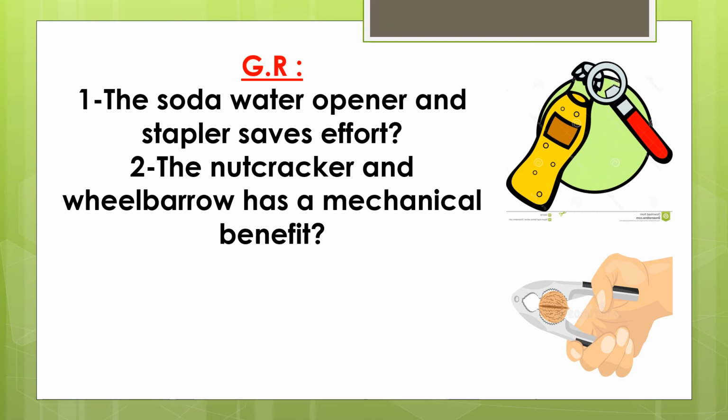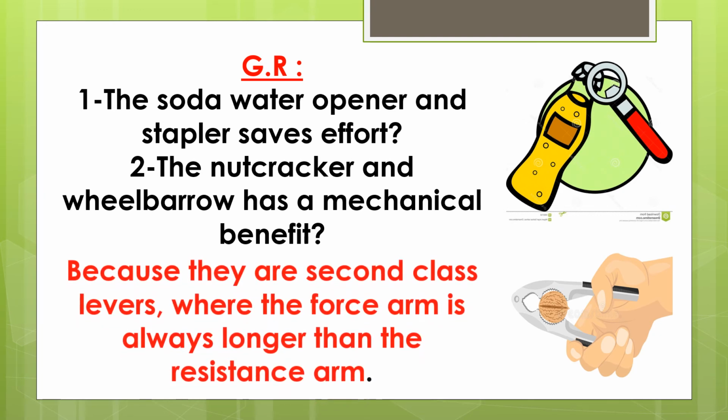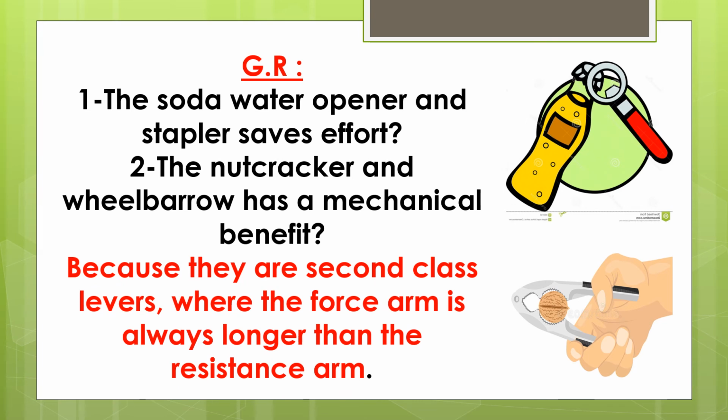Both questions have the same answer, which is because they are second-class levers, where the effort force arm is always longer than the resistance force arm, so effort force is smaller than the resistance force. You got it?